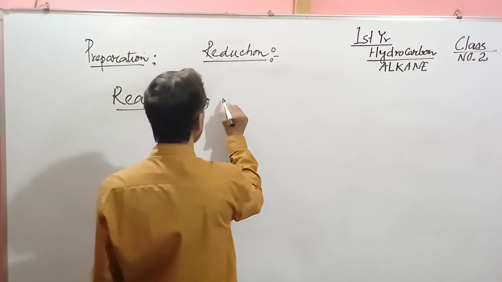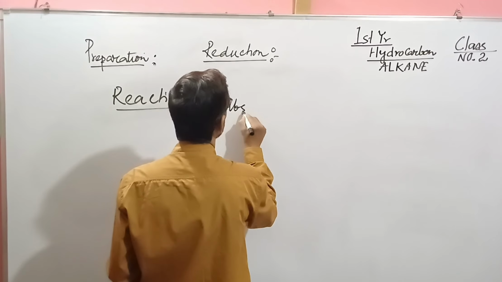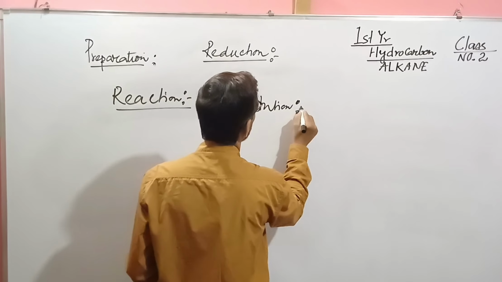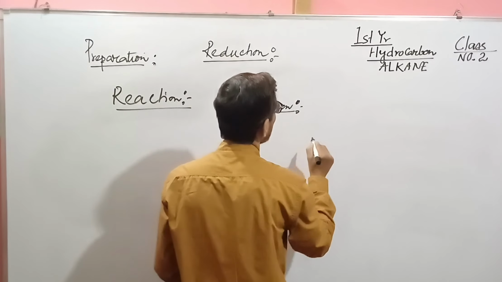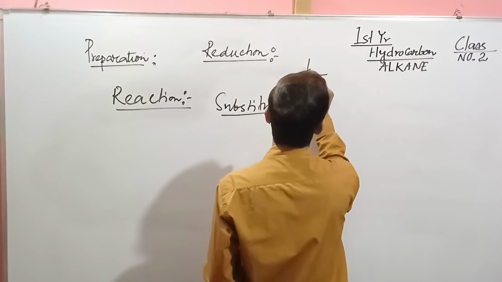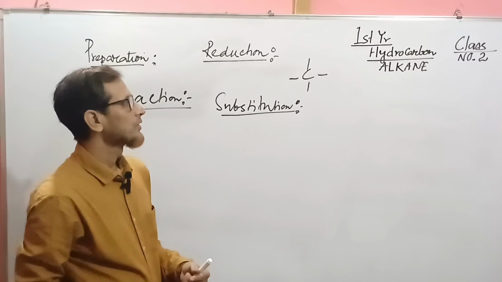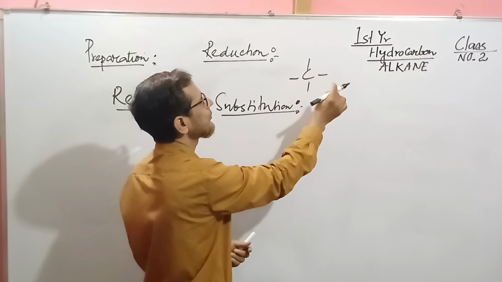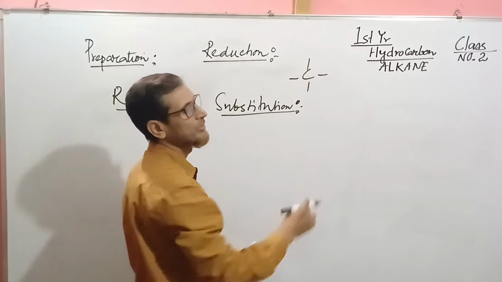So the first type of reaction is substitution reaction. Since alkanes are saturated compounds, you can't add anything, because if you add something, its valence will be more than 4.